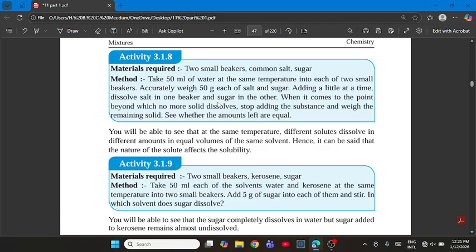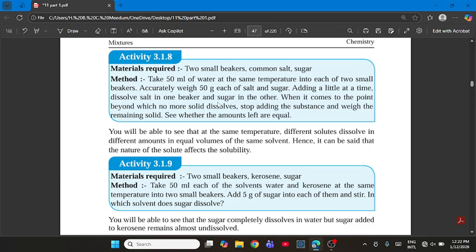Accurately weigh 50 gram each of the salt and sugar. Adding a little at a time, dissolve salt in one beaker and sugar in the other. When it comes to the point beyond which no more solid dissolves, stop adding the substance and weigh the remaining solid. See whether the amounts left are equal.